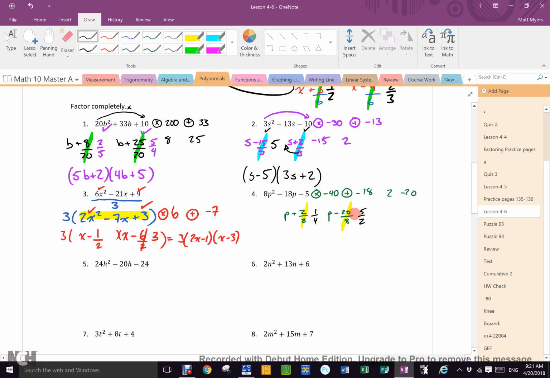What do I do with my denominators? Where does the first denominator go? Where does the second one go? And my final answer is 4p plus 1, 2p minus 5. And then I check.